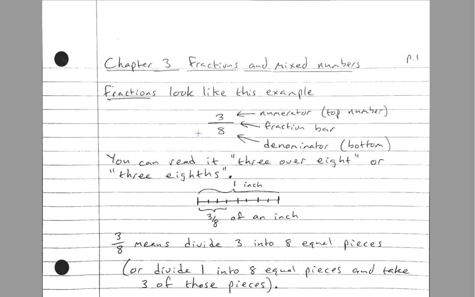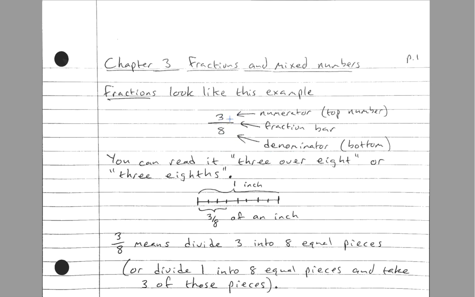All right, so you've all seen fractions before. They look like this. We have a top number called the numerator, that's the fancy name, a fraction bar, and then on the bottom the denominator. And how would you read this fraction?